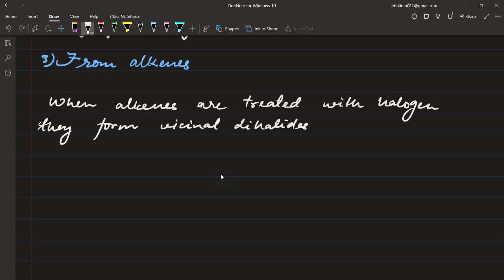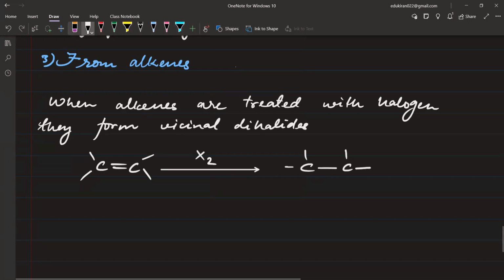What is the meaning of vicinal dihalides? C double bond C. Now these carbon atoms will have some groups here and here. Now, if I react this with X2, halogen atom, then all the groups attached on the carbon atoms will be the same, and only new bonds, X and X, will be formed after the breaking of pi bond.